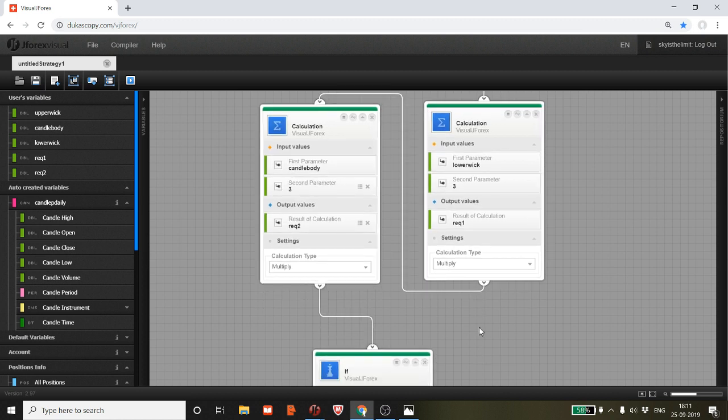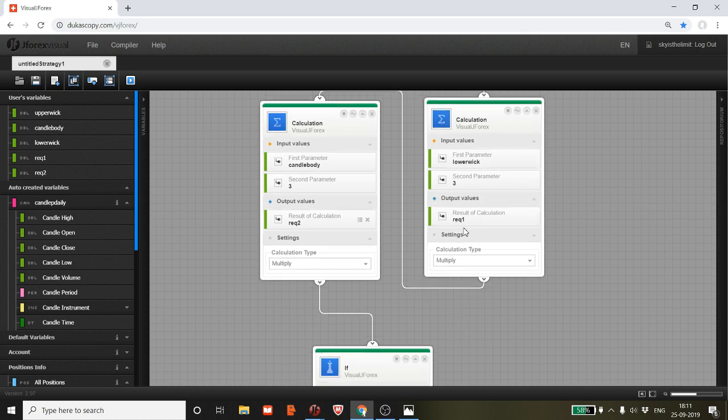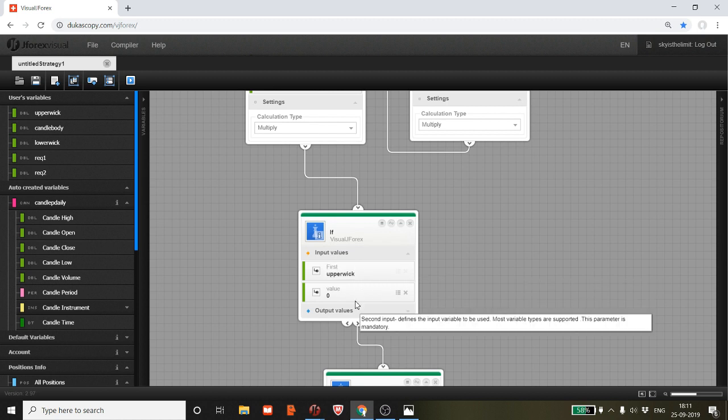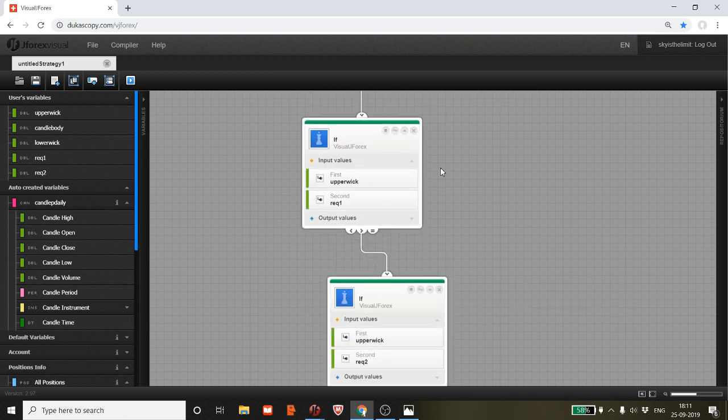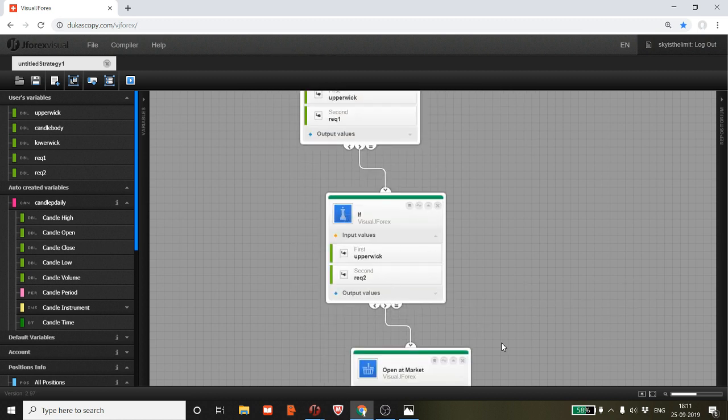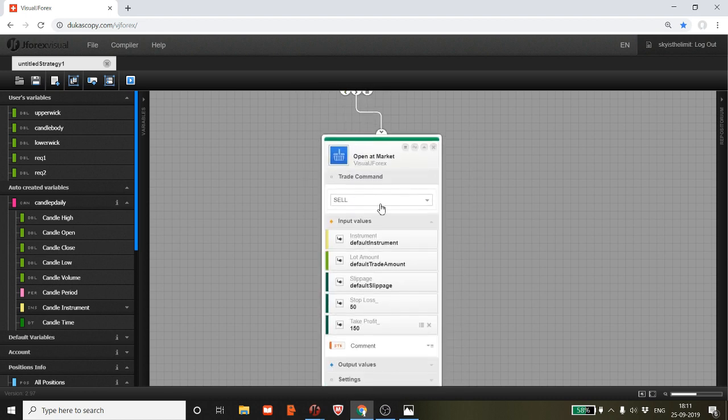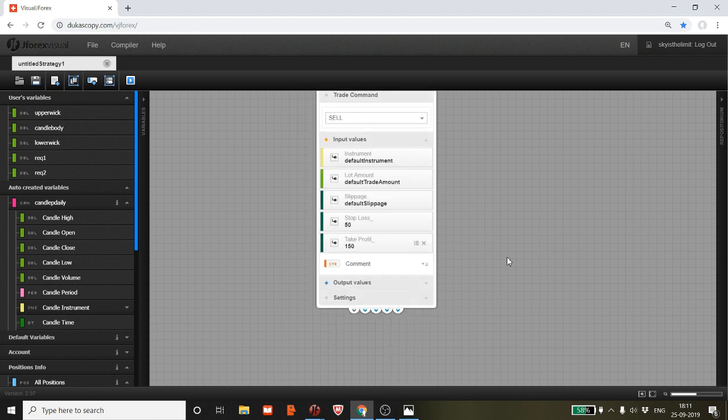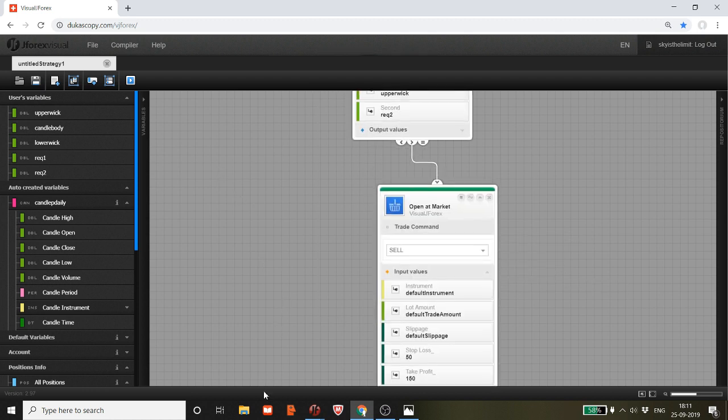You can change as per your choice. If you want it 2 times, you can go for that. If you want 4 times, you can go for that. So upper wick greater than requirement 1, upper wick greater than requirement 2. Then only strategy will execute a sell trade with the stop loss of 50 pips and take profit 150 pips.